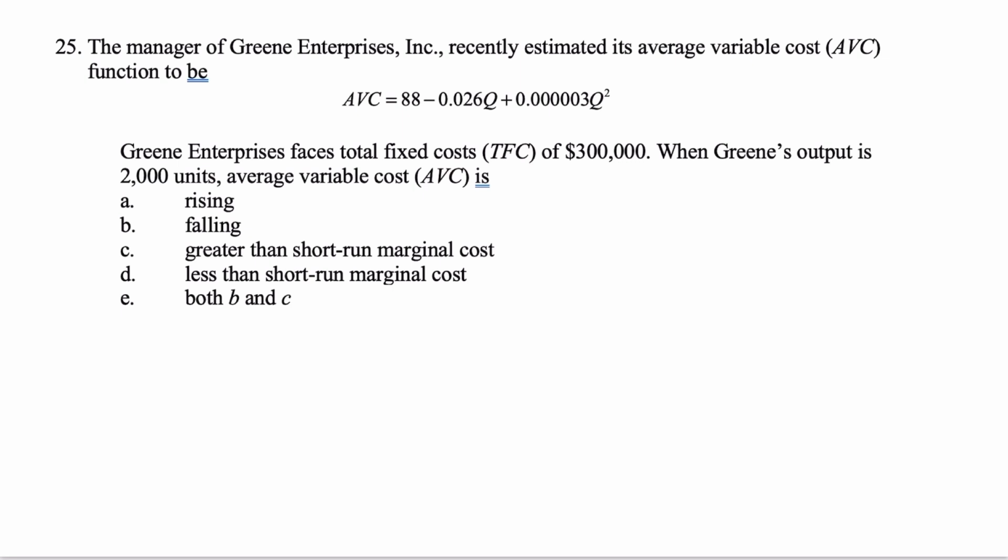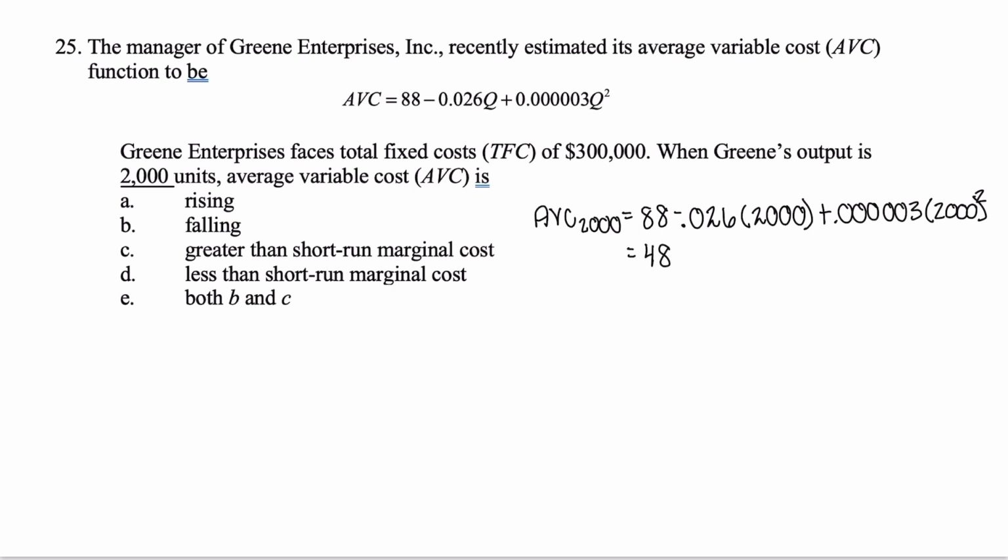25. We're using our average variable cost at 2,000 units. So our average variable cost at 2,000, we're going to substitute 2,000 in for Q. It's going to be 88 minus 0.026 times 2,000 plus 0.000003 times 2,000 squared, which gives us 48.